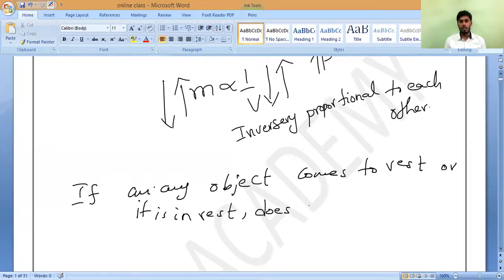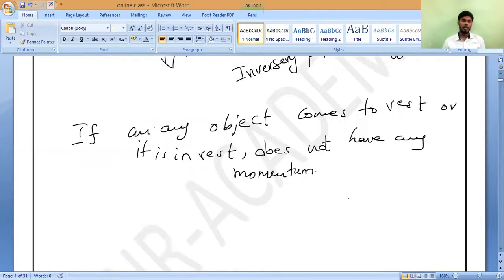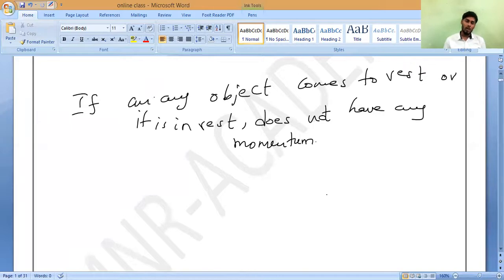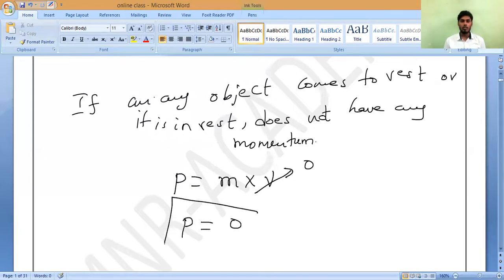It does not have any momentum. Momentum is possessed by moving objects alone. Objects at rest may have mass, but velocity will become zero, and anything into zero gives zero. So the momentum is zero.